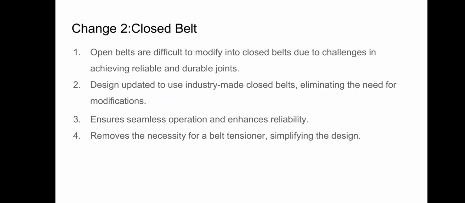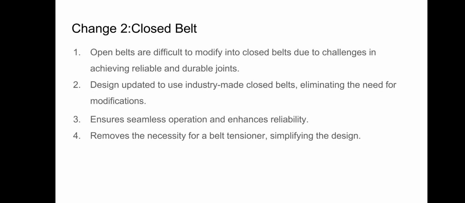So change number 2 is the closed belt. First we were using the open belt, which is very difficult to modify into closed belts due to challenges in achieving reliable and durable joints. The design was updated to use industry made closed belts, because while performing different iterative tests, the open belt was making a problem.